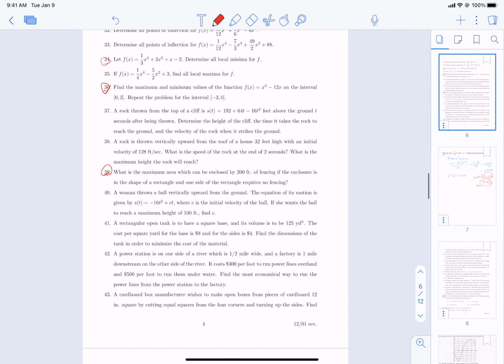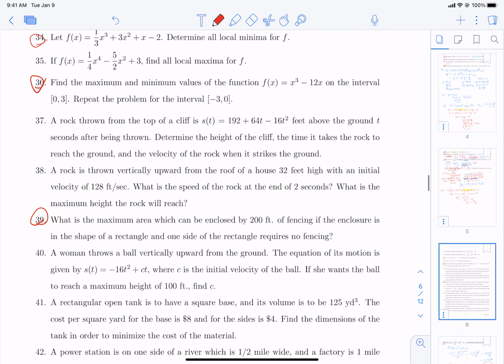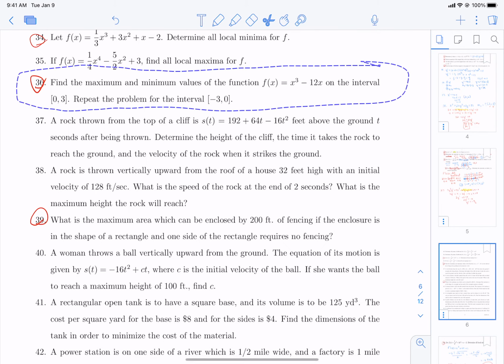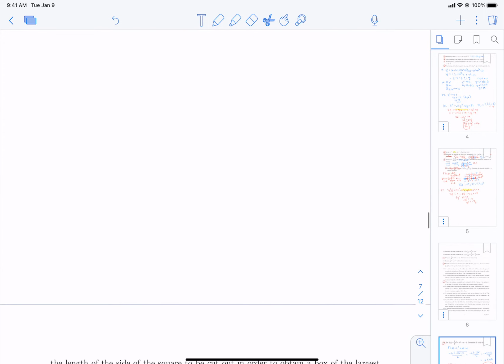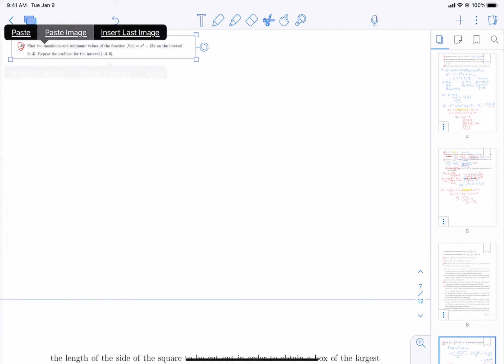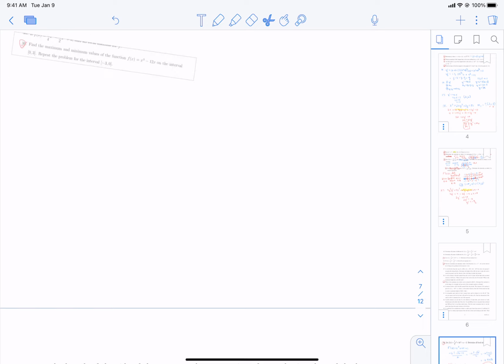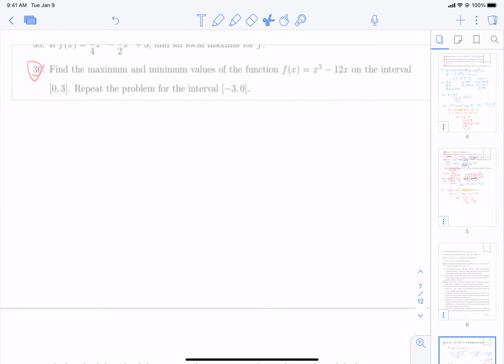Okay. Let's see. 35. Now these ones are the max and min on an interval, which are actually clearer and nicer than just, hey, find all of the local mins and maxes. Okay?